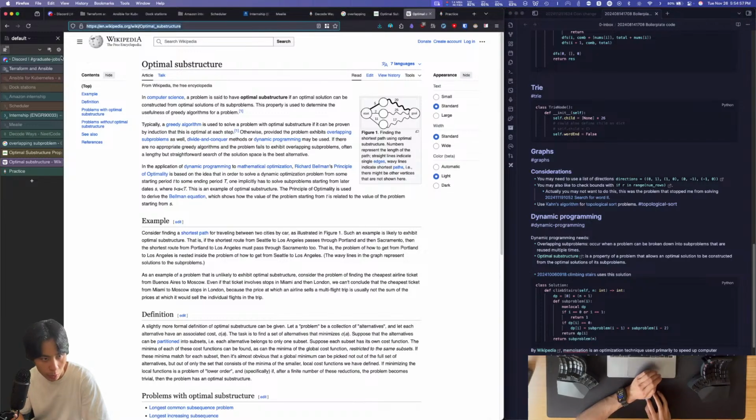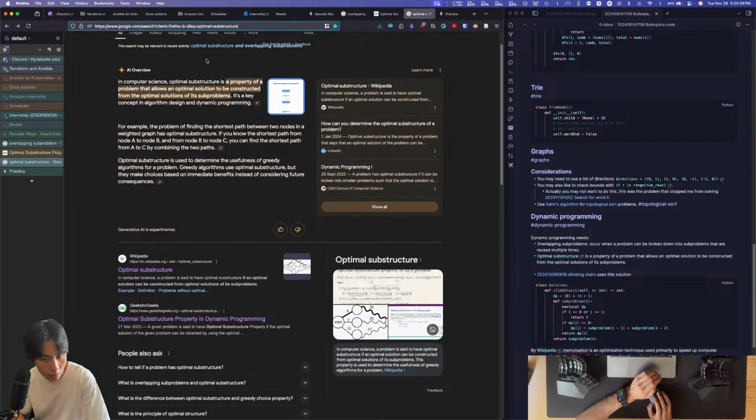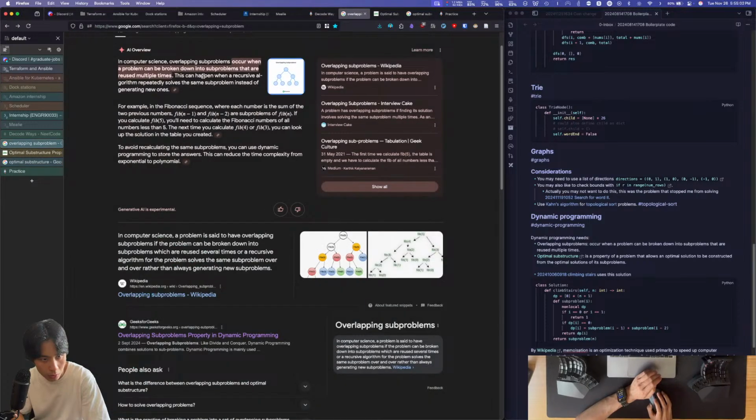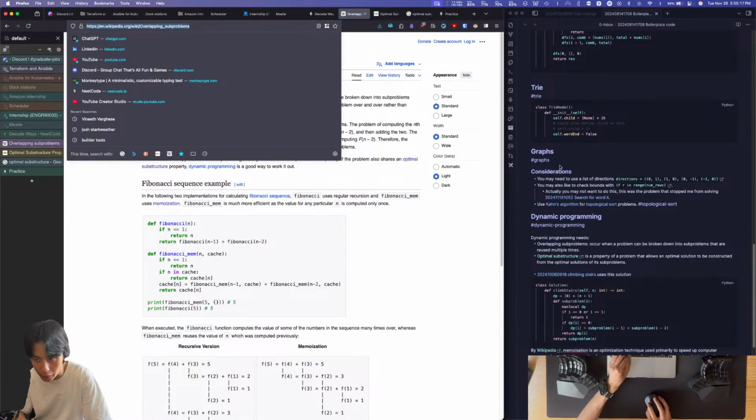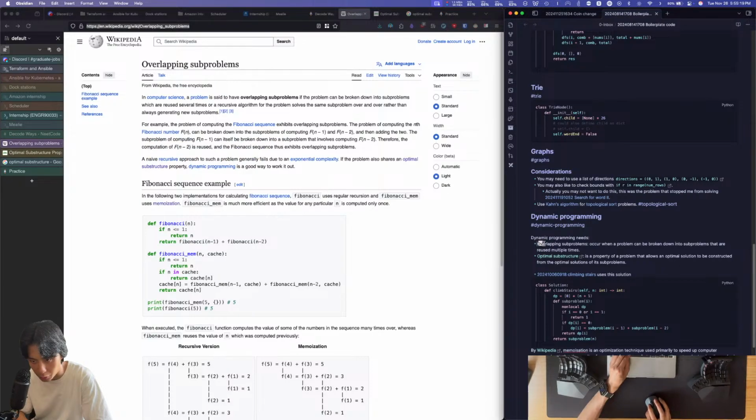And overlapping subproblems, well, the Wikipedia article is again very useful. Both of these make a lot of sense.